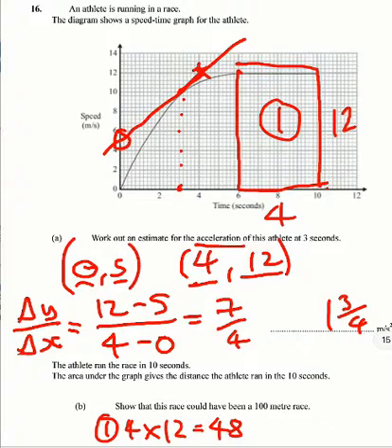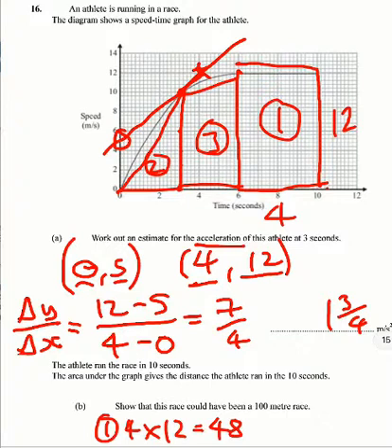Now there are lots of ways in which you can do this, and if you split this into trapeziums you'll get a more accurate answer, but here we're going to try and make it as simple as possible, and we're going to split it into a triangle and then just 1 trapezium in between, and we should get a good estimate that's quite close to 100.